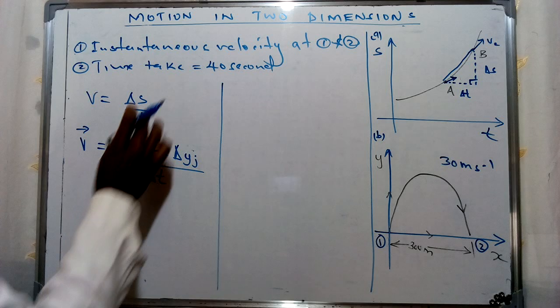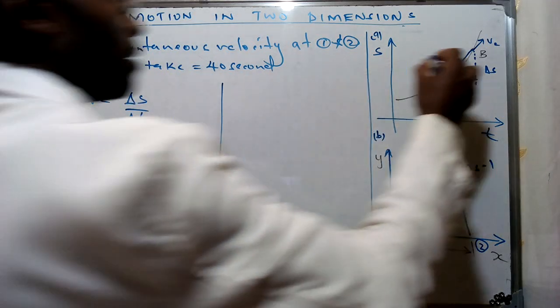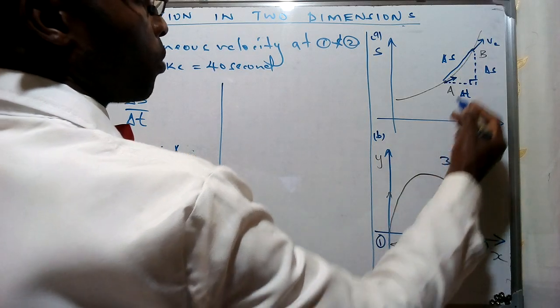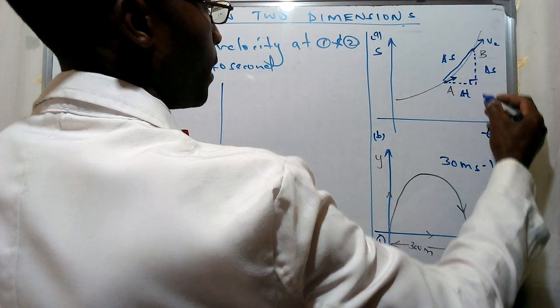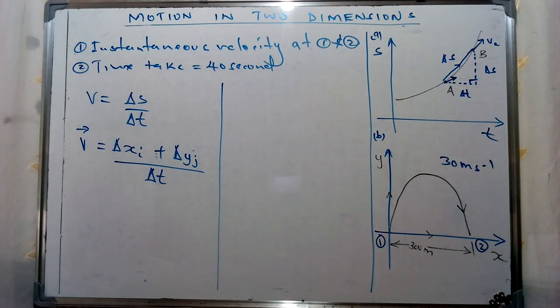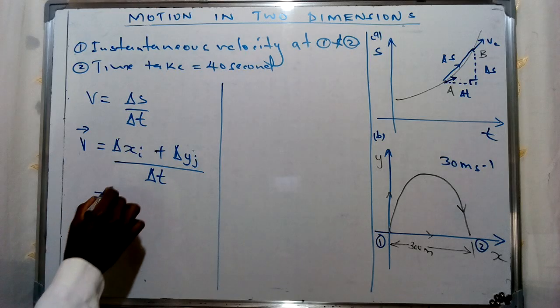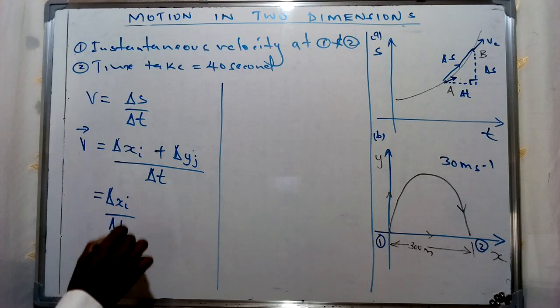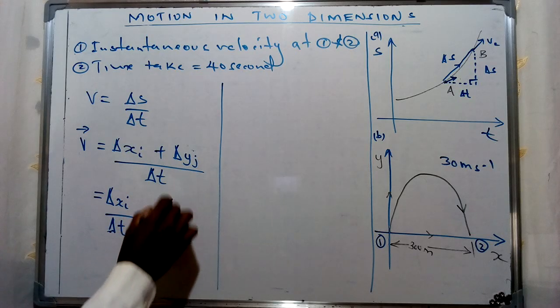So in this case, the total displacement, which is delta s, is going to be given as delta s. Now from our vectors, we said that we're going to add the components along the x and the components along the y to find the resulting vectors for different velocities. So we can split this specific representation and have it as delta x all over t, which is going to form our common denominator.